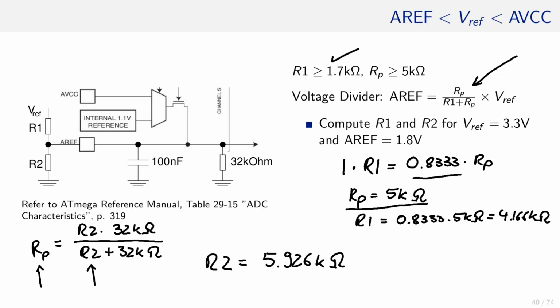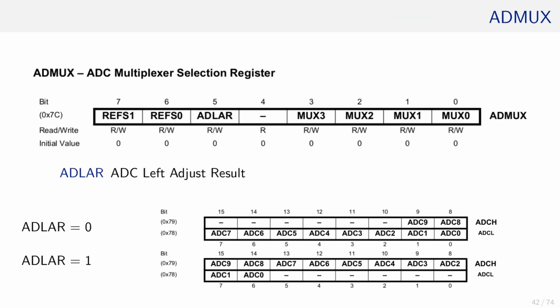Okay, that was a session about the reference voltage, but there are still configuration bits left in the ADMUX register. In the previous session, we talked about REFS1 and REFS0, defining the source of the reference voltage. The next bit in the queue is ADLAR, which stands for ADC Left Adjust Result. The ADLAR is quite simple. It determines how the data returned by the ADC is aligned in the data register.